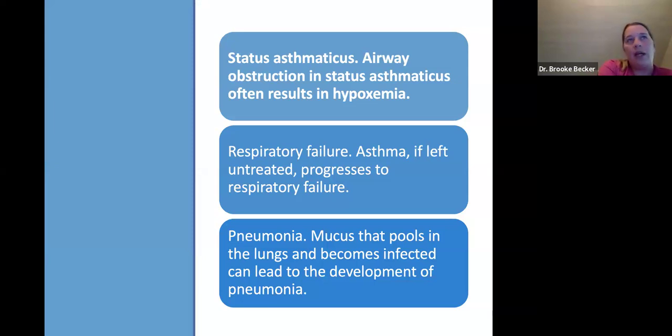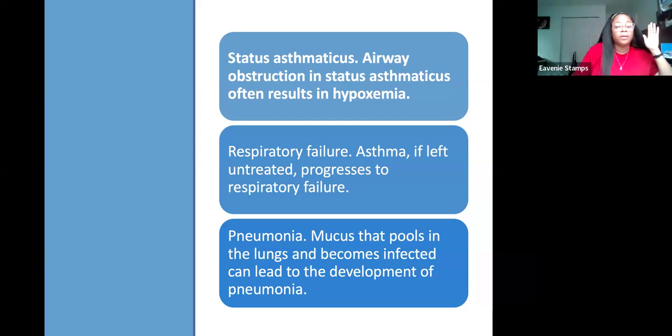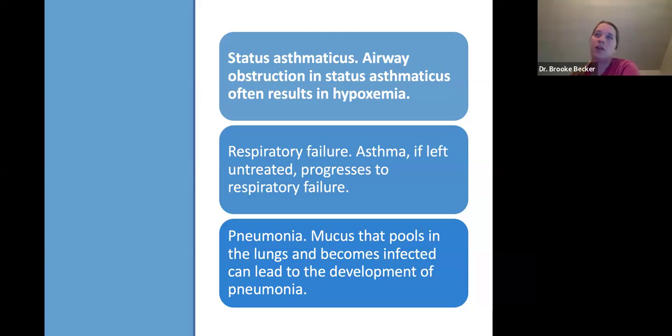So when a kiddo is in an asthma exacerbation, what is something that is usually given? Albuterol. Uh-huh. What else could be given? Furosemide. It starts with an F. How about steroids?